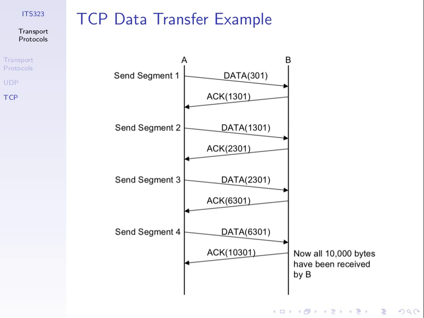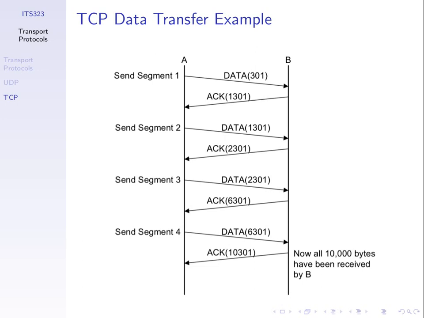So here I've drawn a TCP segment being sent from A to B, and I've called it a data segment in that it contains data. It contains 1,000 bytes of data. And in brackets I've included the sequence number to say this is a data segment and the sequence number is 301.